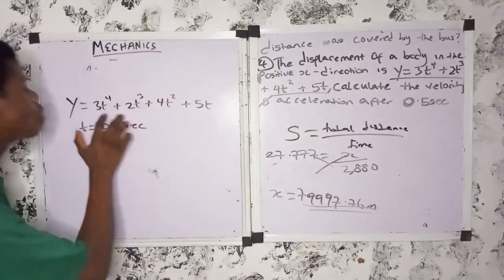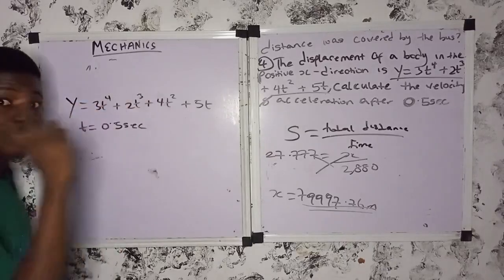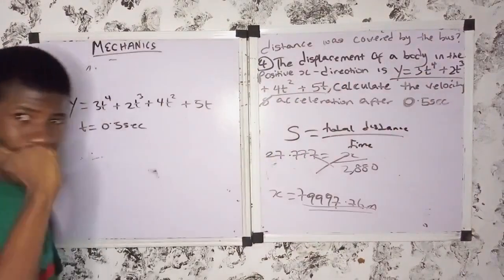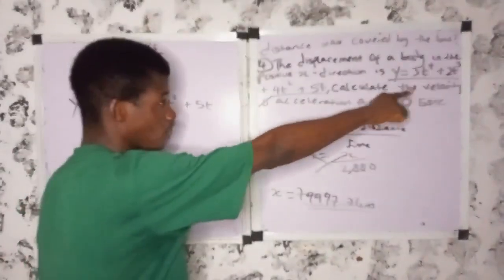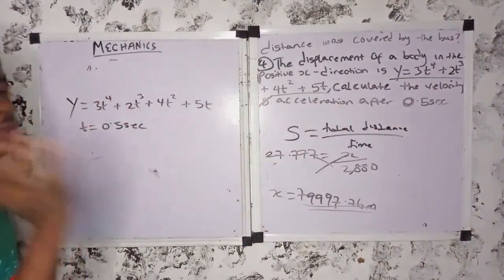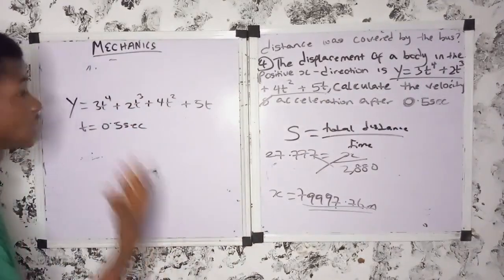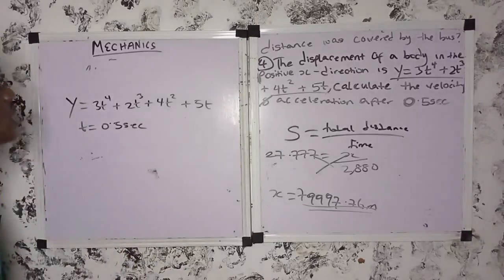We have to differentiate this value because we have to look for two things: the velocity as well as the acceleration. This is instantaneous velocity, this is instantaneous acceleration, and to calculate them we have to use differentiation in calculus, which is very easy.